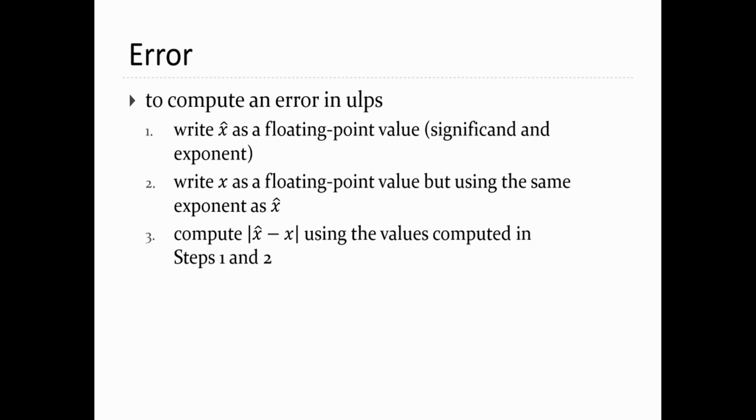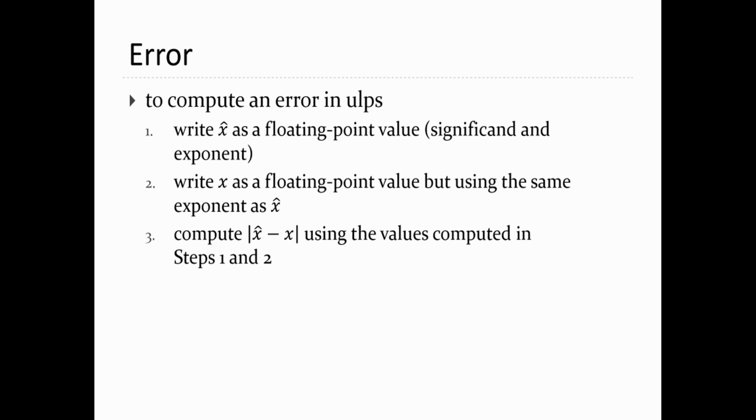Then you write your calculated value, also using a 3-digit significand, but this time you have to use the same exponent that you used to write down x hat, your true value. So you might not have 3 actual digits here, and you might have decimal places after the digit, because you need to force the exponent to be the same. I need that exponent to calculate what an ULP is for that value x hat. And now you just subtract the 2 values and take the absolute value.